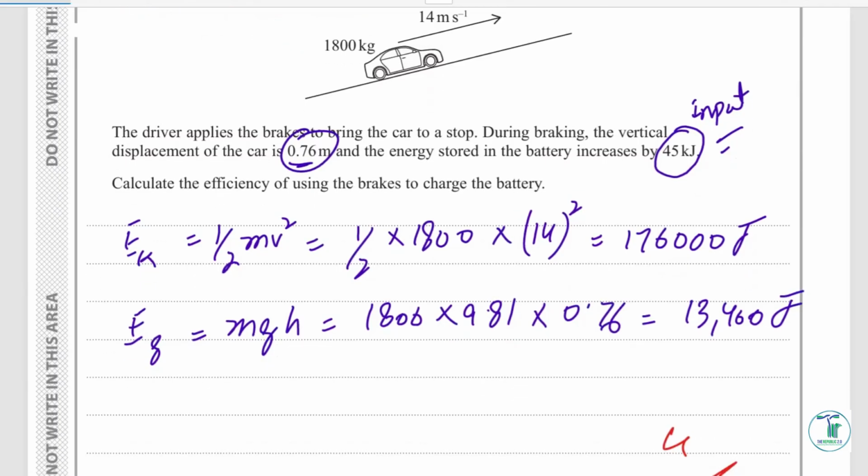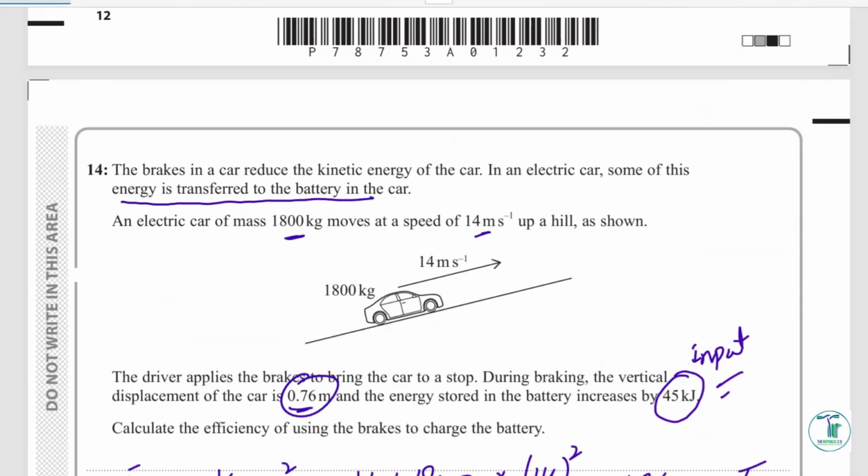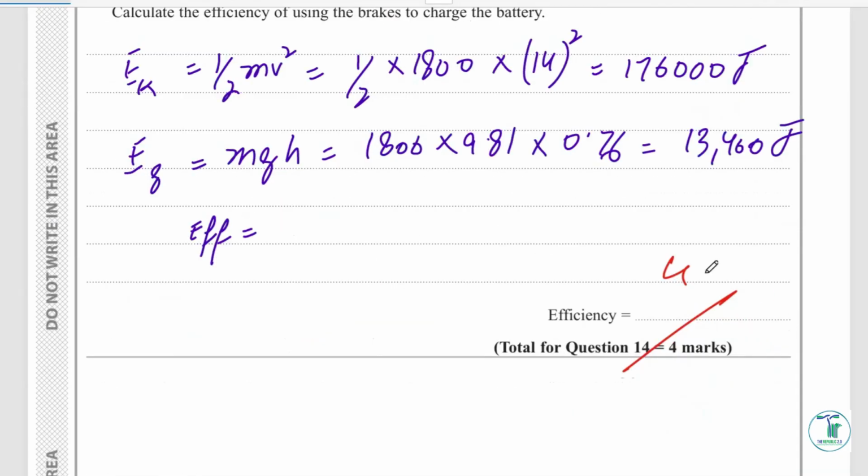So if you want to calculate the efficiency, it has to be output over input. This is going to be the output because that is the energy transferred to the battery. So 45 times 10 raised to the power of 3, divided by the difference, the change in the energies. And that has to be 176,000 minus 13,400.